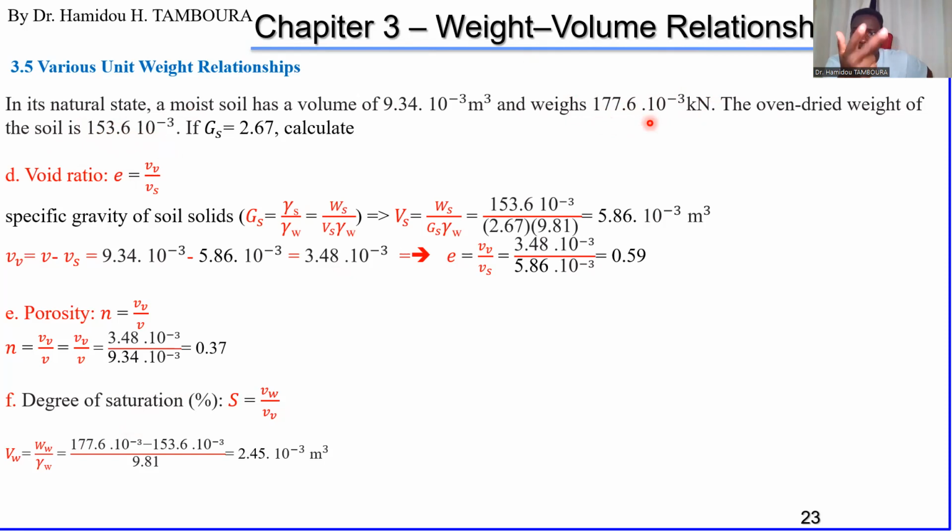But the weight of air can be neglected, so it is only two: solid particle and water. So if you take this total weight minus the weight of soil particle, you get the weight of water easily. And the weight of water divided by unit weight of water, you get the volume of water. Then you can easily apply this formula to obtain your degree of saturation.